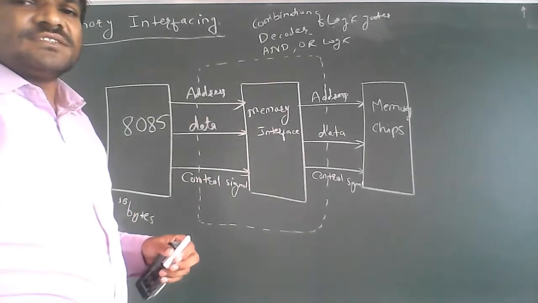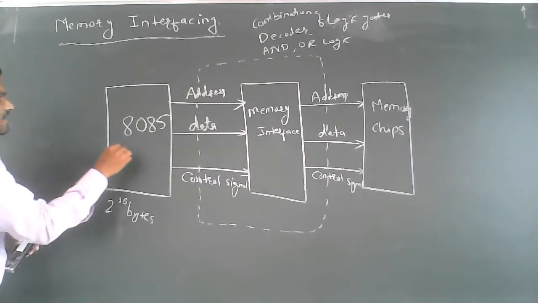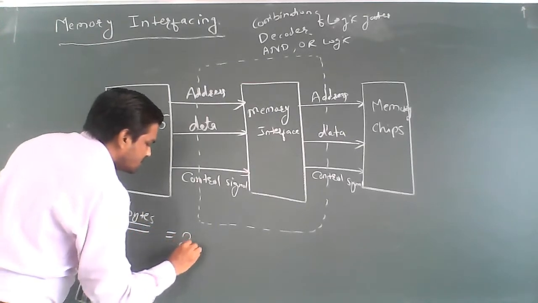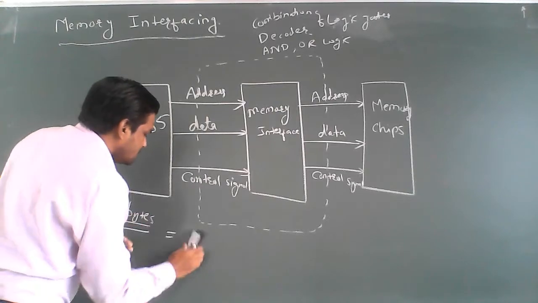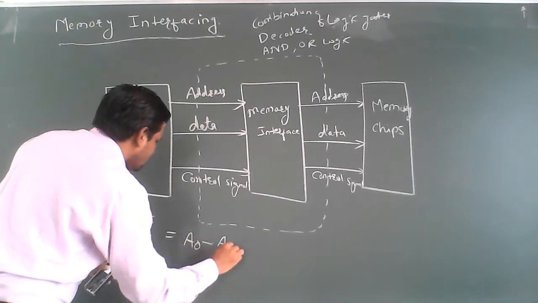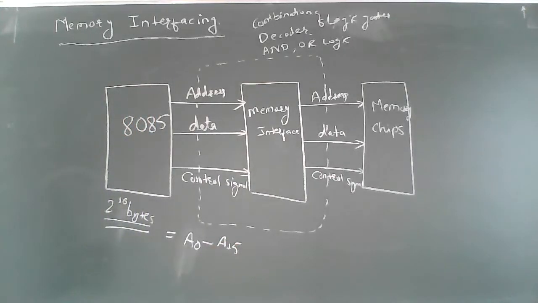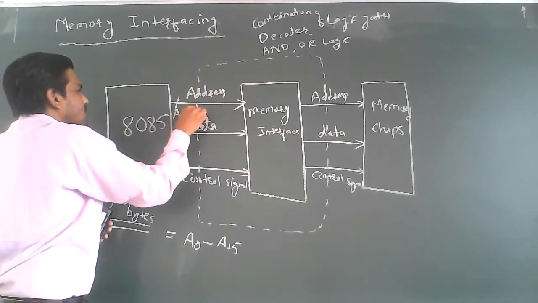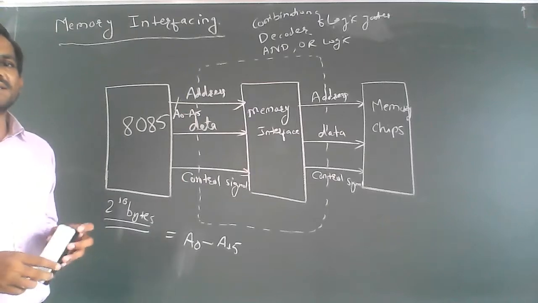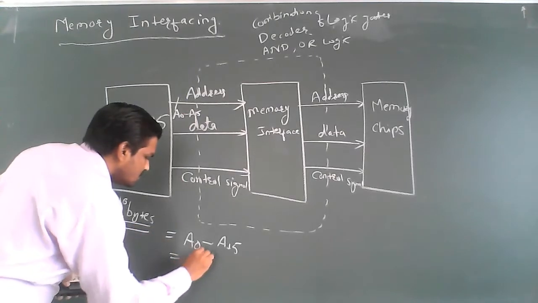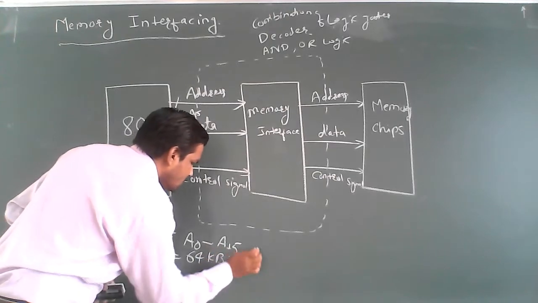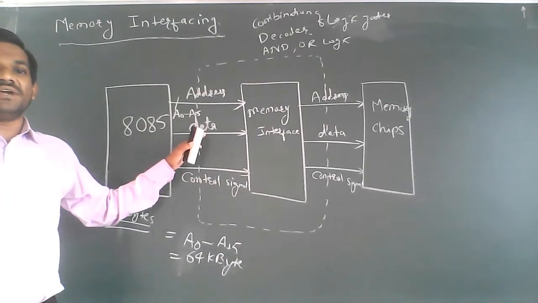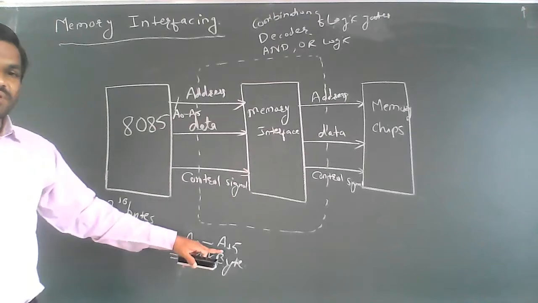That means we have address lines. 2 raised to 16 means the address lines from A0 to A15 will be utilized, which is a maximum of 64 kilobytes of memory that can be interfaced with the 8085.